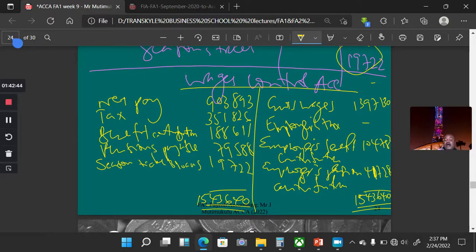If we add them up, both sides should come to 1,543,640. Then we know that our wages control account has balanced.